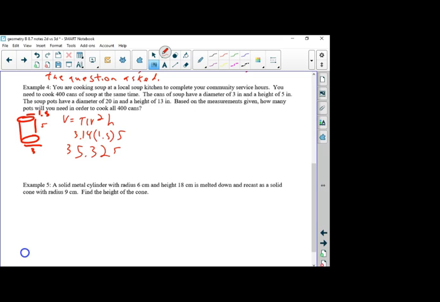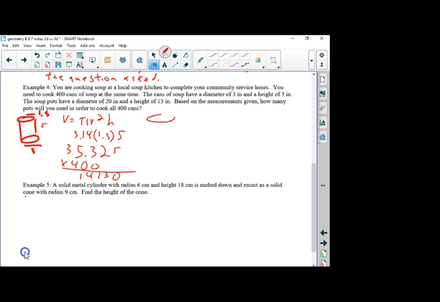All right? And then we need to take that times 400 cans. So that's 14,130. That's how much fluid, how much soup is in 400 cans.